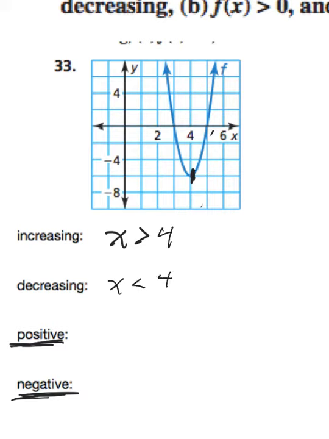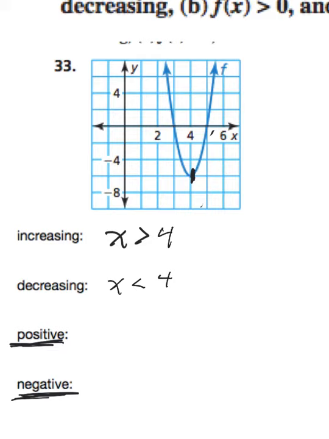Some people tried interval notation, and those are correct answers, but this is the simplest. For all numbers less than 4, it's left leaning, a negative slope, and for all numbers greater than 4, it's upper right leaning, which is positive.